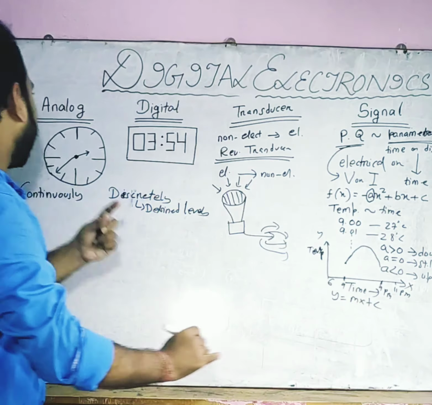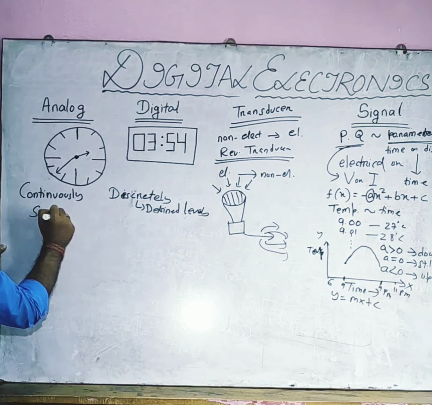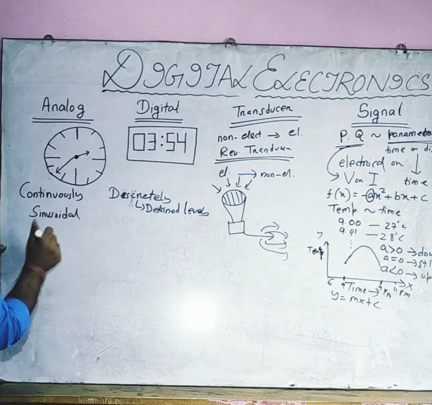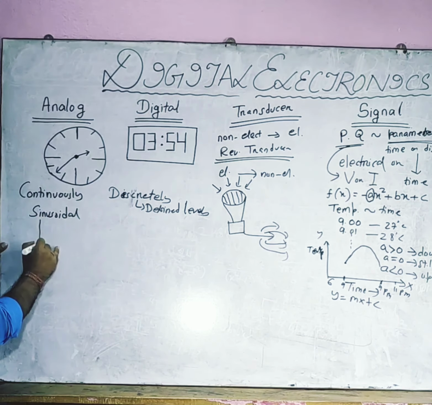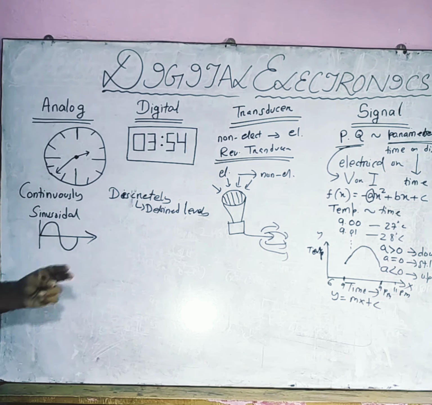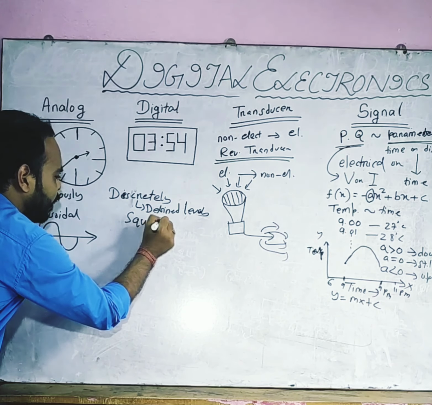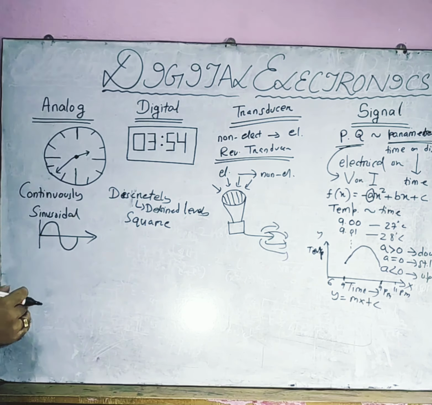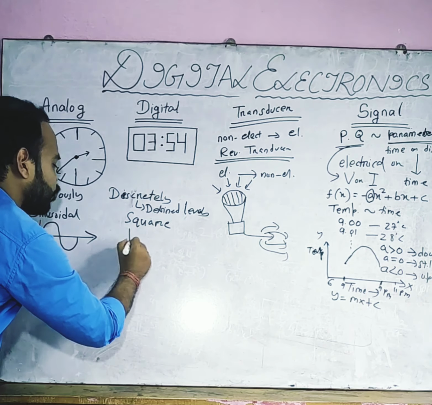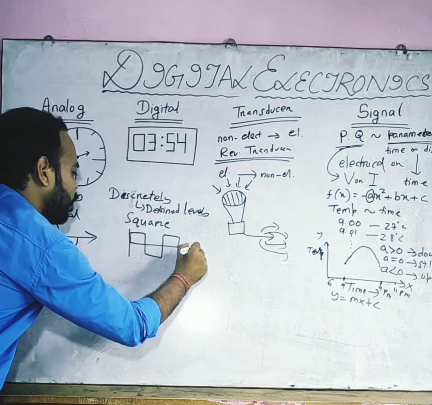Now, analog signals can be expressed by sinusoidal waves. That is, graphically they can be expressed like this. And digital signals can be defined in the form of square waves because they have only two values, that is only 0 and 1. This is an example of a square wave.